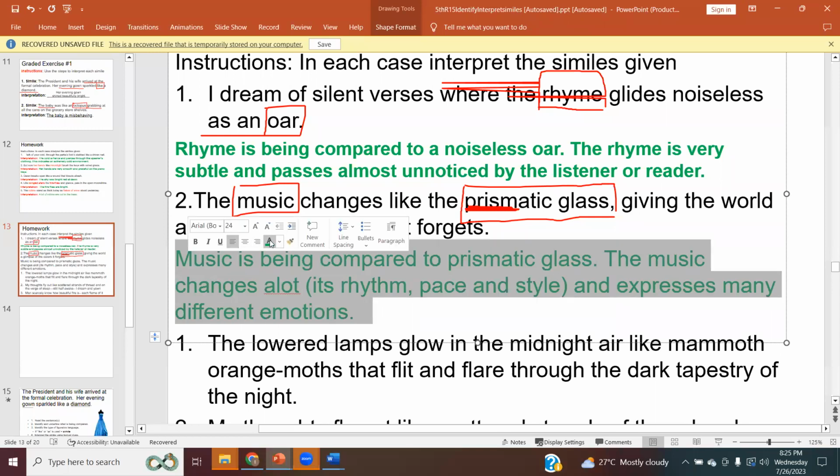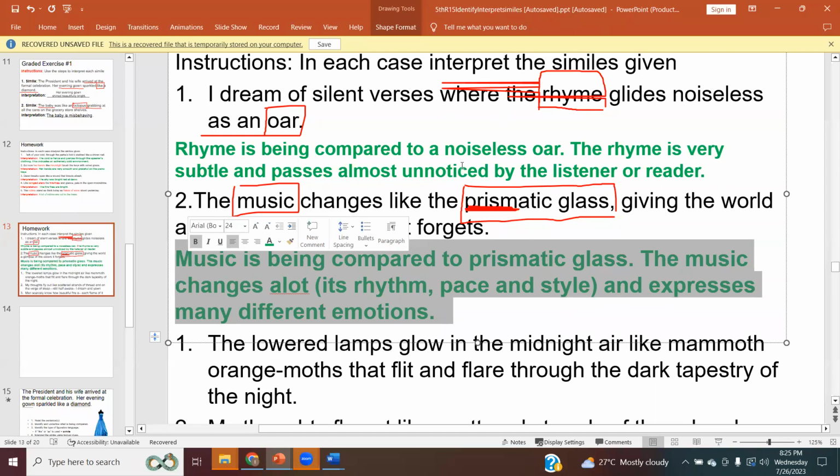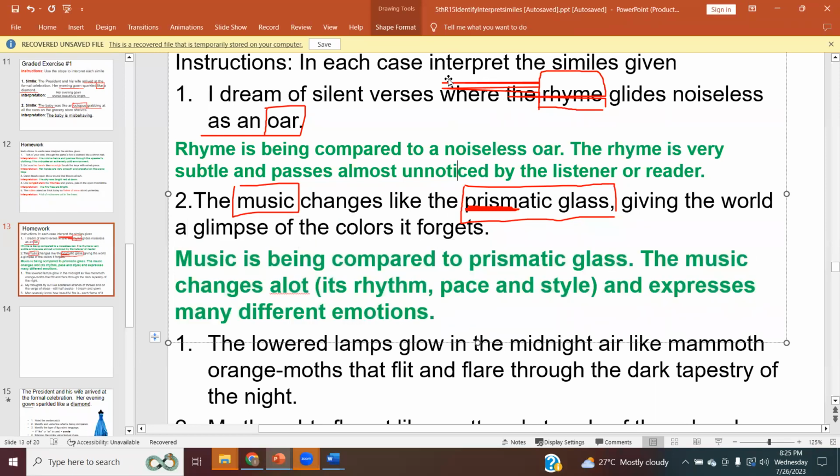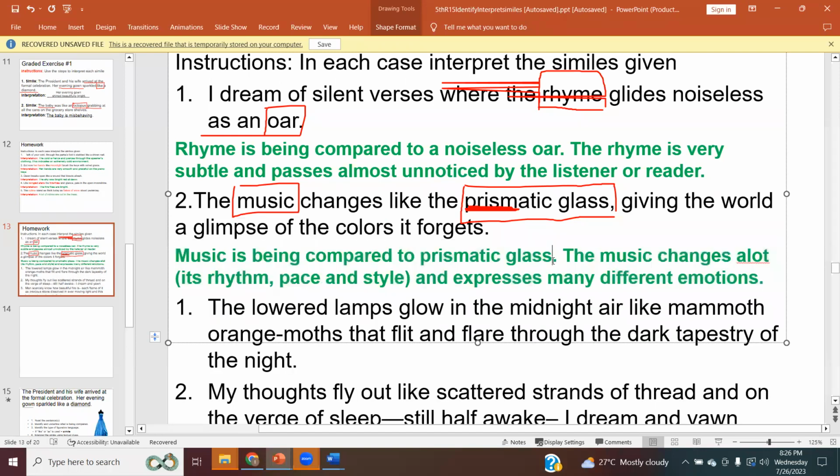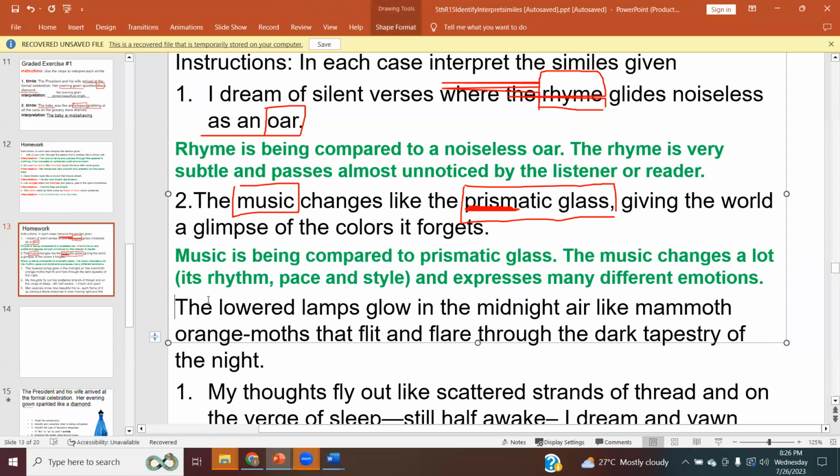All right, so read this for me, please, Michael. Go ahead, Michael, read the green. Music is being compared to prismatic glass.